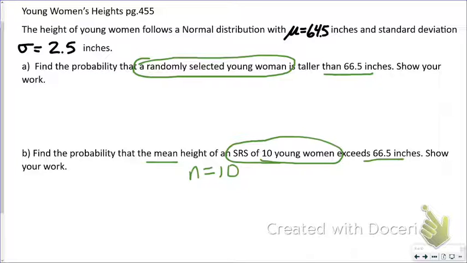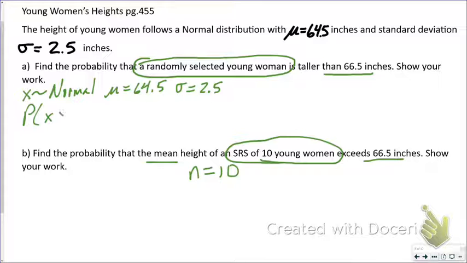So we start on part A just like we did in the fall. And we say X is normal with a mean of 64.5 and standard deviation of 2.5. Remember that those were points right there. You had to define the distribution. Then you had to write it in terms of a proportion, and I wanted that.